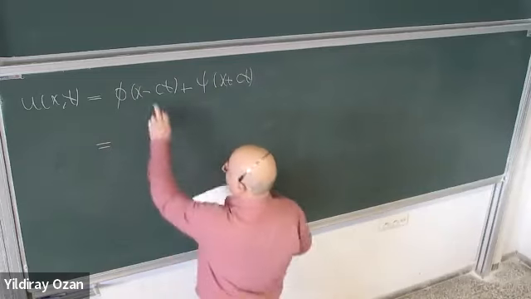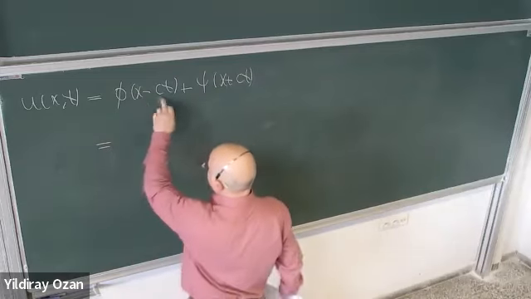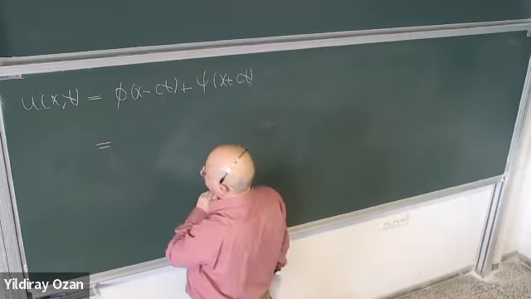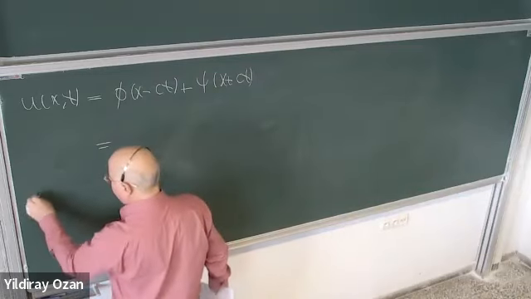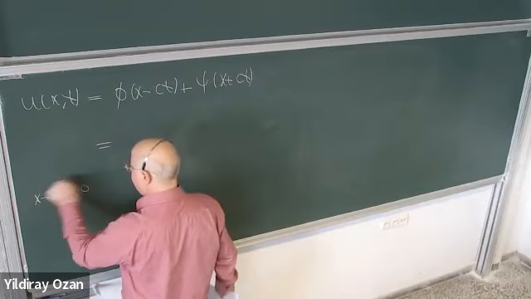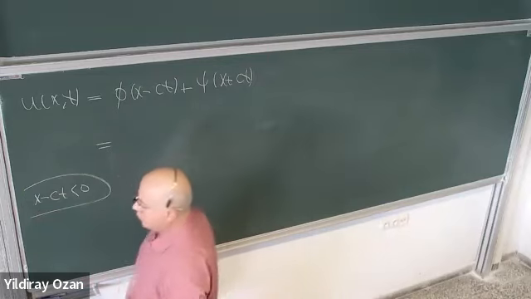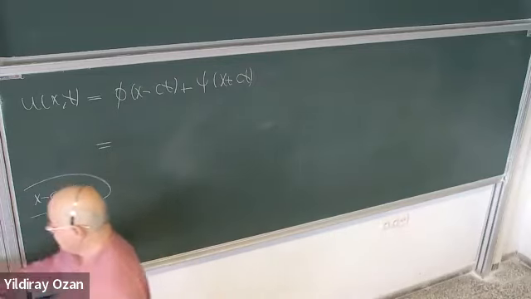So instead of phi of x minus ct, assuming x minus ct is negative, okay? For negative values, it is this expression.